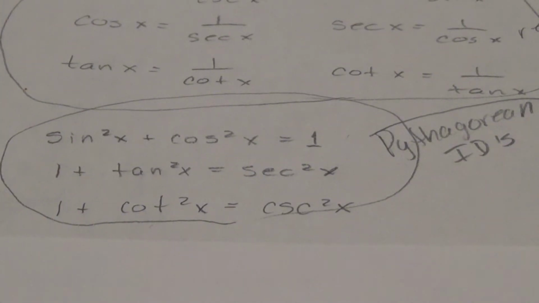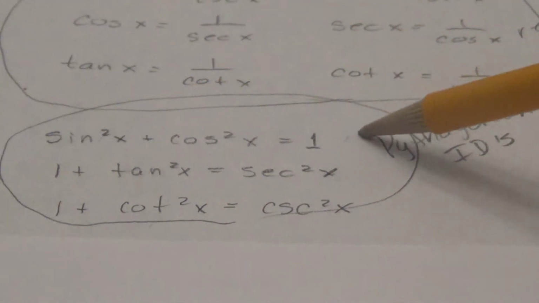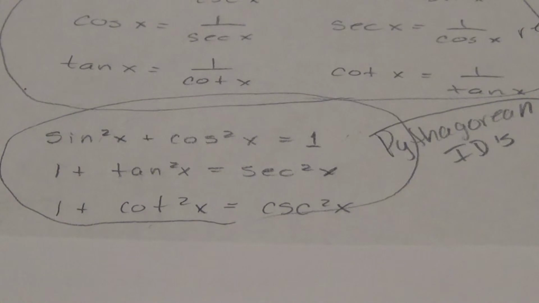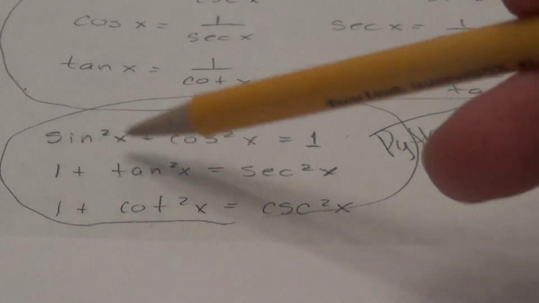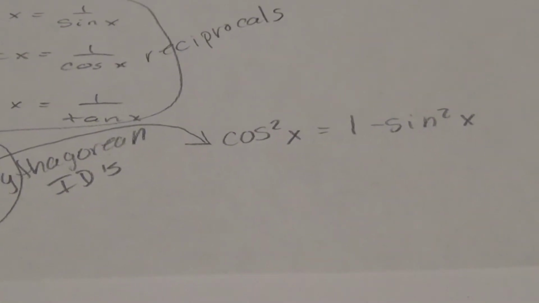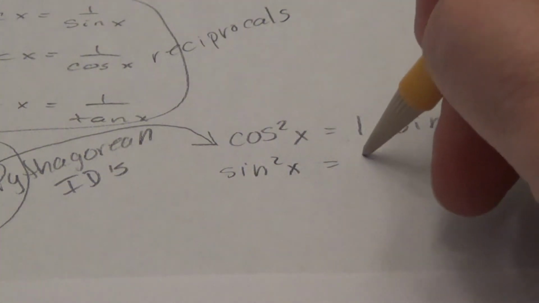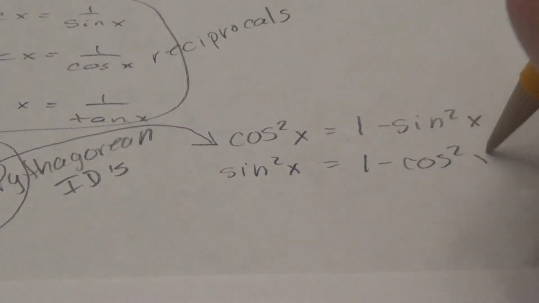So all I did was leave cosine squared there, and I subtracted sine squared from both sides. Could I not similarly leave sine squared there and move cosine to the other side? If I did that, I would get sine squared x equals 1 minus cosine squared x.